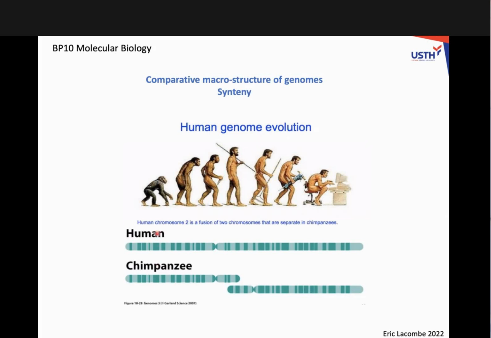Monkeys and humans are extremely closely related. There is something like 99% sequence identity if we compare locally the genomic sequence between human and monkeys.